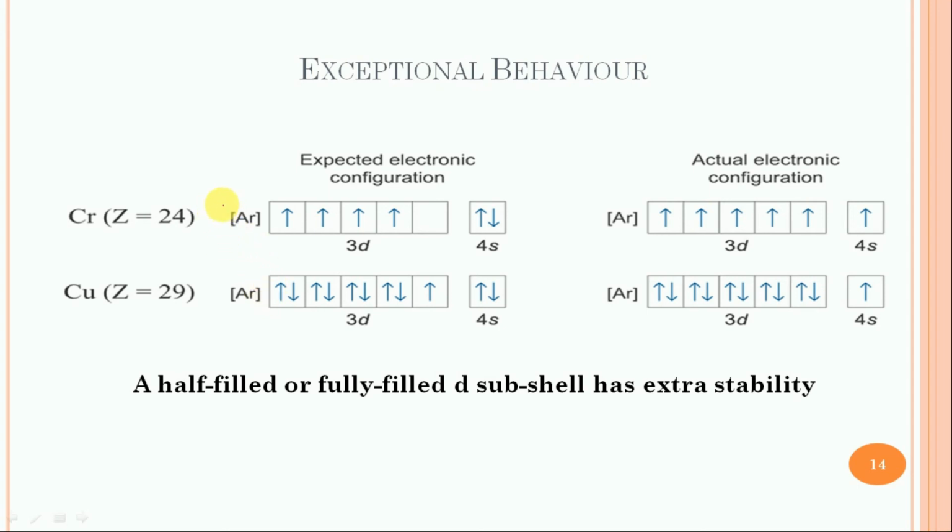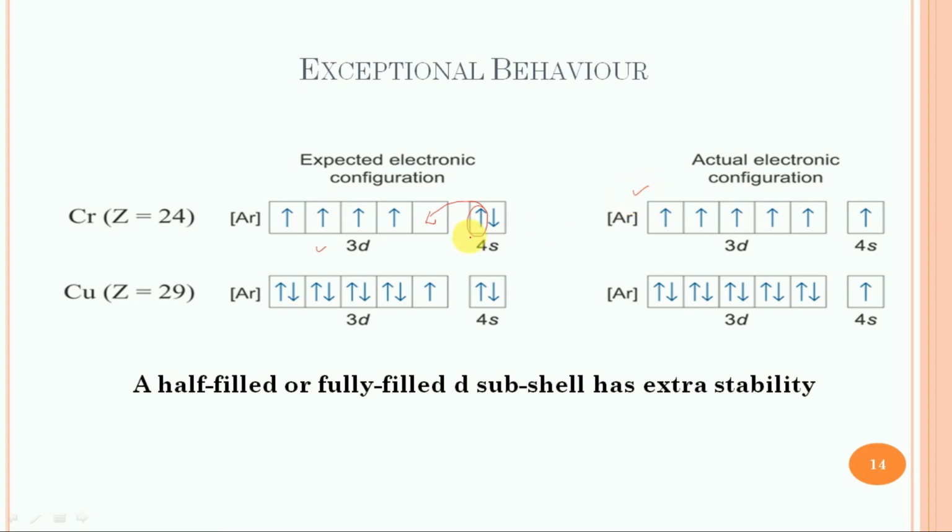So in the case of chromium, the expected electronic configuration is this one, but the actual configuration has 3d5 electrons. In this case, one electron from 4s is shifted to the 3d orbital, so the configuration becomes half filled, which imparts extra stability.